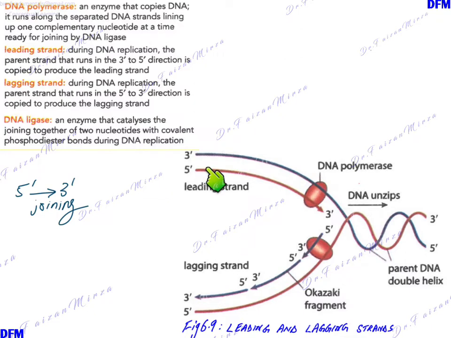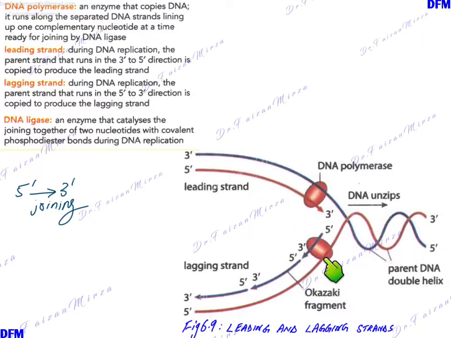Then the other nucleotide will be added again in 5' to 3' direction. So as DNA polymerase keeps on moving along the exposed template, it keeps adding the nucleotides in the 5' to 3' direction. You need to keep in mind that if this is the leading strand 5' to 3', it must be complementary to the template, which is 3' in this direction and 5' at its opposite end. This is how the leading strand goes on.